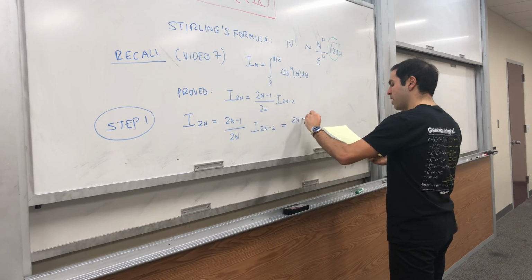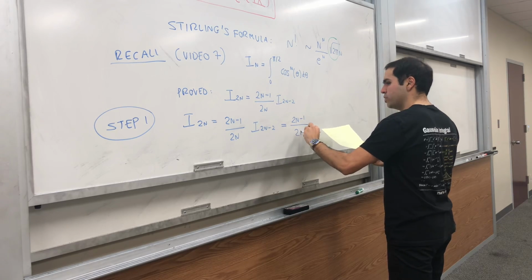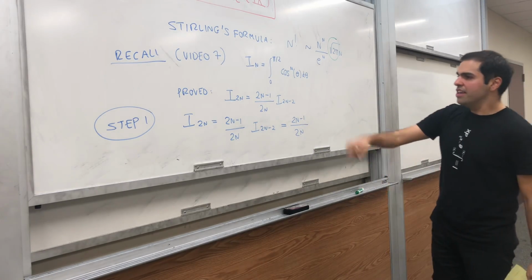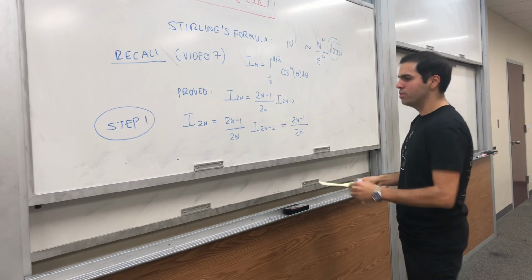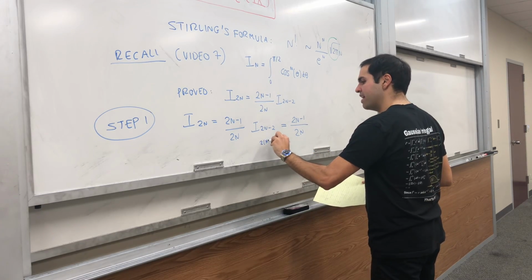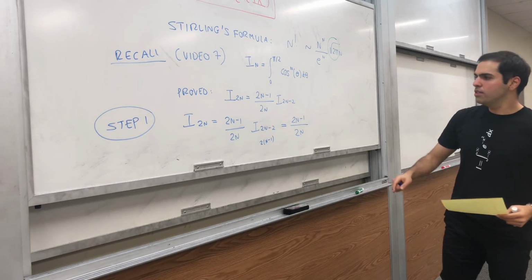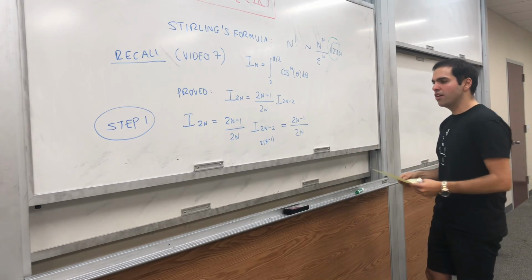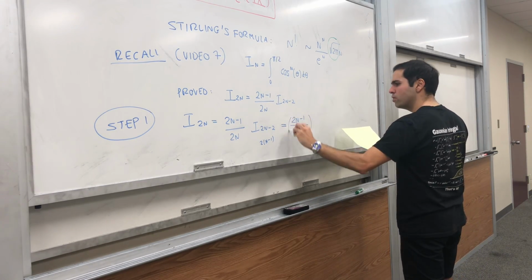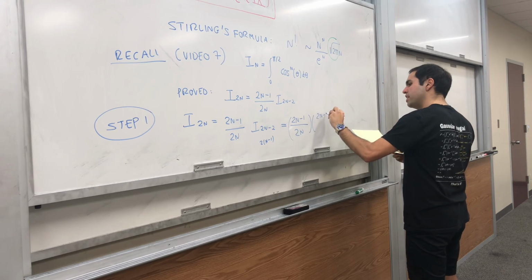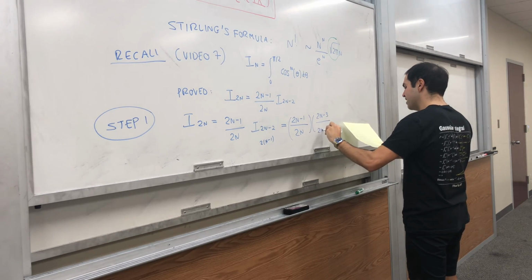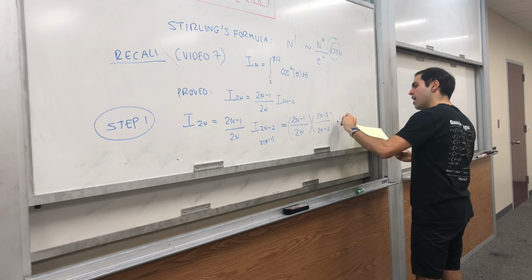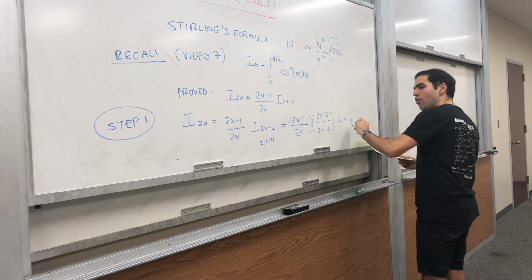So this becomes 2n minus 1 over 2n. Now, the next term, notice this is really 2 times n minus 1. So we can do the same thing, but with n minus 1 instead of n. So the next term will be 2n minus 3 over 2n minus 2, I of 2n minus 4.